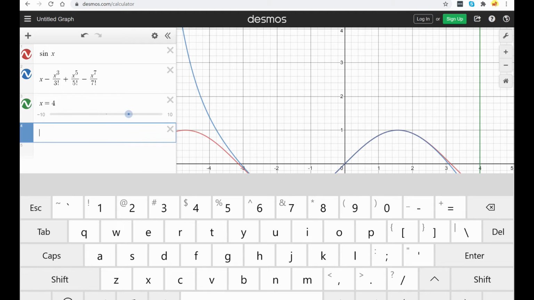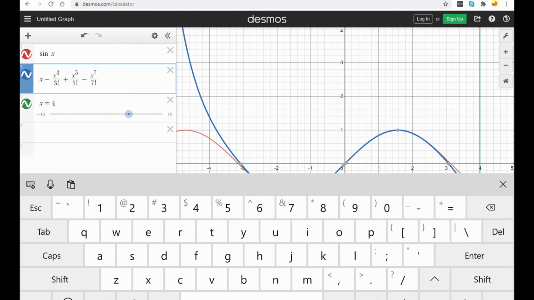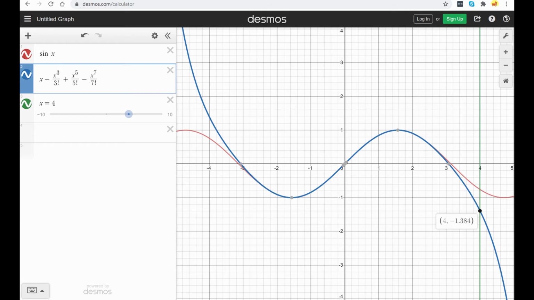If you were to figure out the exact value of sine 4, it is actually going to give you, to 3 significant figures, minus 0.757. Whereas if you replace x equals to 4 with the formula over here, the blue one, you will have minus 1.384. As you can see, it is not a good approximation, because the values are too large, and the reason why is because the curves do not match at those values of x.